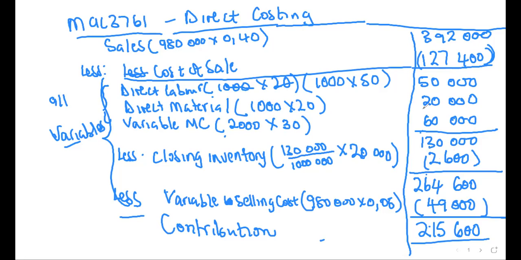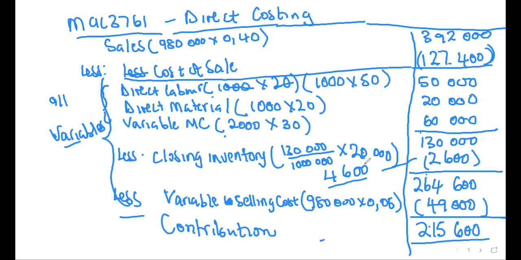Under the absorption costing, we had 4,600 as our value of closing inventory. The more the closing inventory, the less the cost of sale, and if the cost of sale is less, then it's going to give more profit.